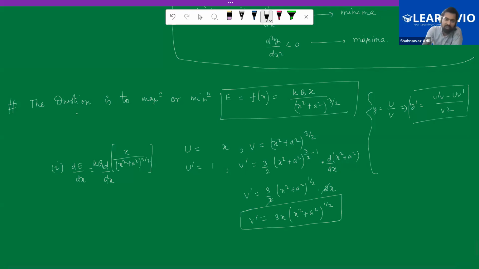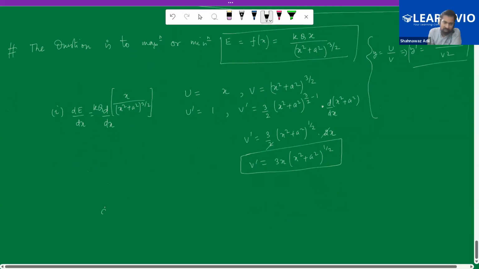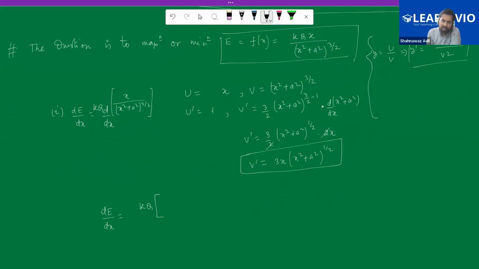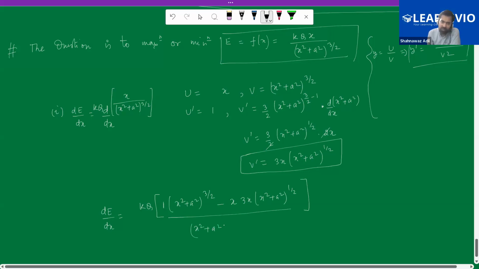Okay, now we have to put this one in here. So dE by dx is kq times u dash, which is 1, into v, which is x square plus a square power 3 by 2, minus u, which is x, into v dash, which is 3x and x square plus a square power 1 by 2, and divided by v square, which is x square plus a square power 3 by 2, and then whole square.